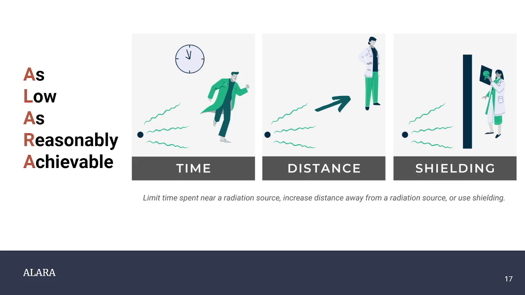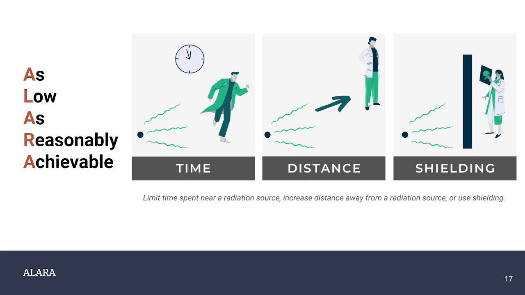The three main factors in that are time, distance, and shielding. The easiest one of those to utilize is distance. Obviously, they all matter a lot, but whenever you think of a source, you have to consider that it's emitting everywhere.